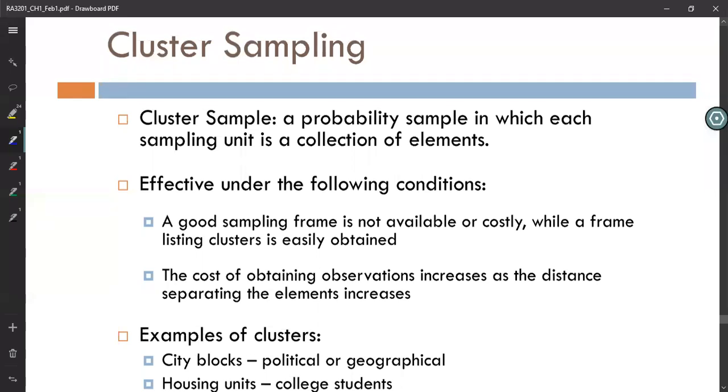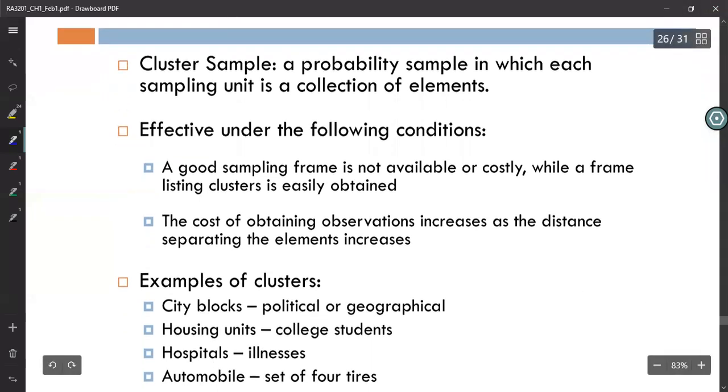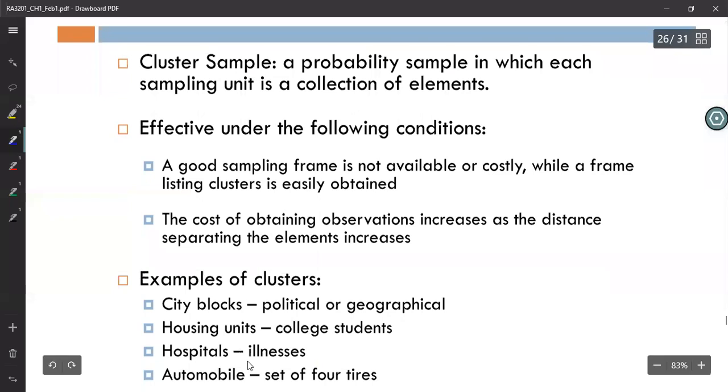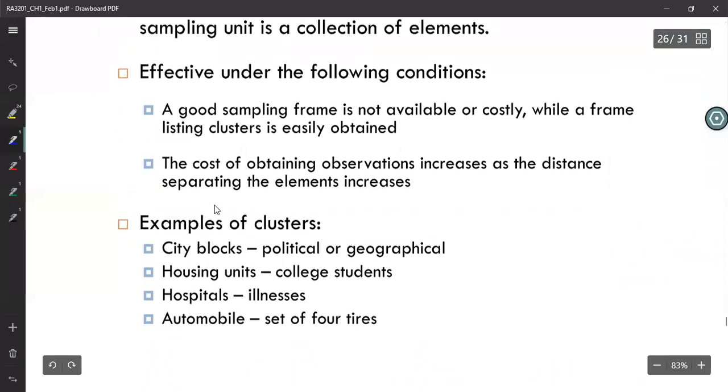So the most common usage of cluster sampling is geographical clustering, okay? Here are some examples: city blocks, housing units, hospitals, even the hostels. So these are actually clusters, right?